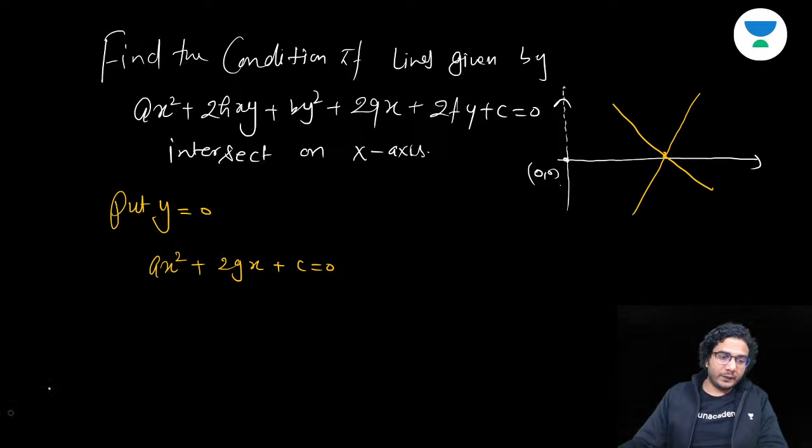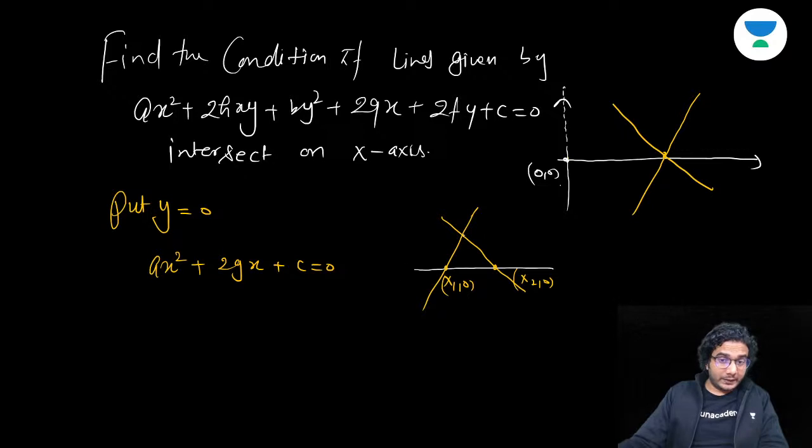This quadratic will give you two roots. Which two roots? Where these two lines are going to intersect the x-axis in general, right? In general, you are going to get these 2 points, x1 and x2. But now when this point of intersection P lies on x-axis, then what will happen? Think about it.